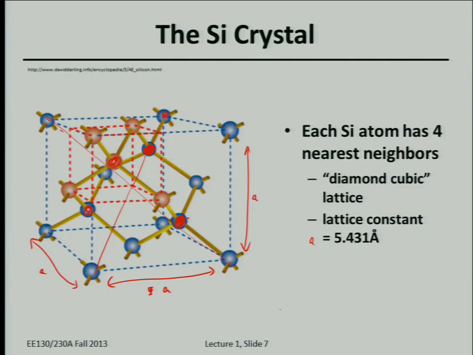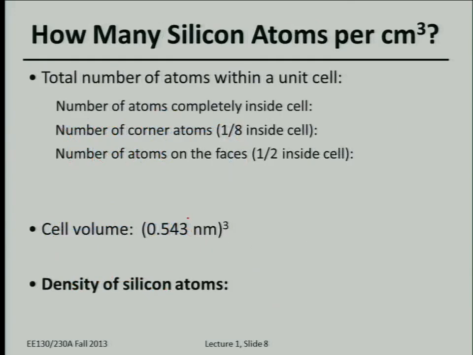Okay, so remember there's 4 interior atoms, 6 face atoms, and 8 corner atoms. So there's 4 here, and we have 8, and we have 6. And so how many atoms?